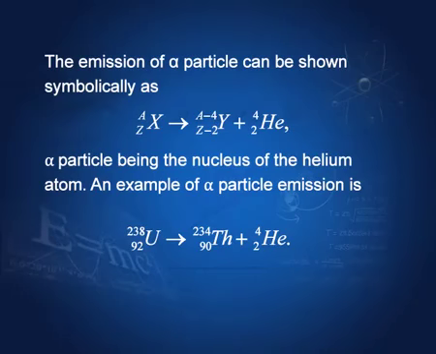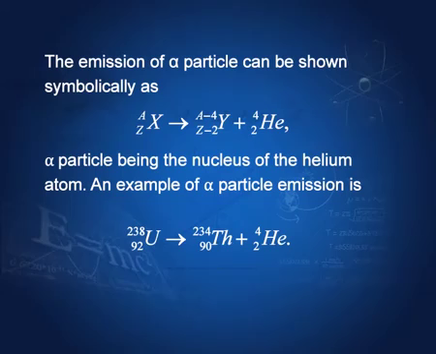The emission of an alpha particle means that 2 units of charge have already gone from this nucleus. So, it becomes Y with A minus 4 and Z minus 2, plus the alpha particle, which is helium 4 with charge 2. You can see A minus 4 plus 4 is A, and Z minus 2 plus 2 is Z. So, the charge and mass are conserved.